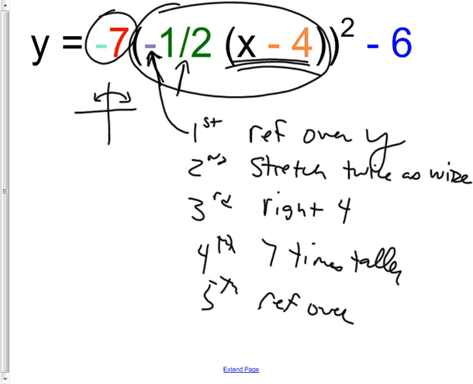So it's a reflection over the x. And the last thing is that -6 at the end, and that's down 6. Okay, there's your 6 things in the right order.